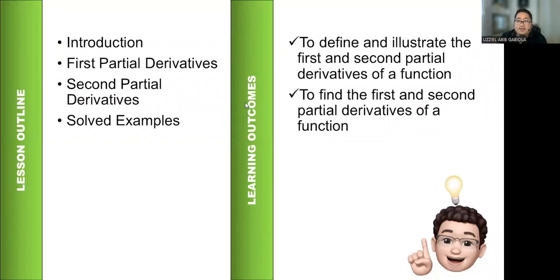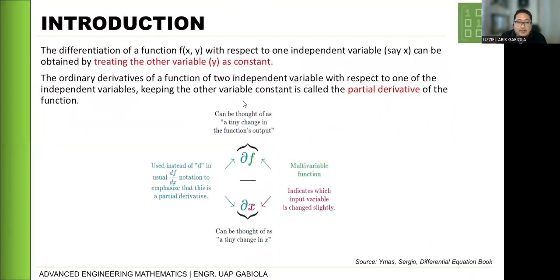Okay? As an outcome, ito yung expected natin to fulfill at the end of this session. First is to define and illustrate to you the first and second partial derivative ng function natin. And next is to find the first and second partial derivative of a function. But before we proceed with the solving proper, we need to again reiterate or define si partial derivative. Si partial derivative, by the word itself, is a derivative or differentiation solution, no?